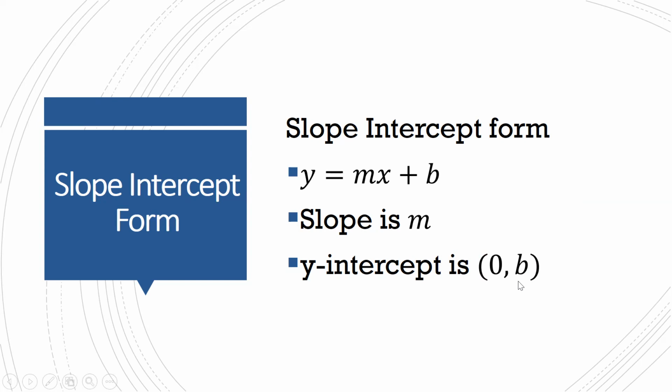Some people will also say that b is the y-intercept. Other people like me use the point (0, b) as being the y-intercept, but there are certain people who will call just b the y-intercept. So y equals mx plus b, where m and b are simply values, and x and y are our variables.